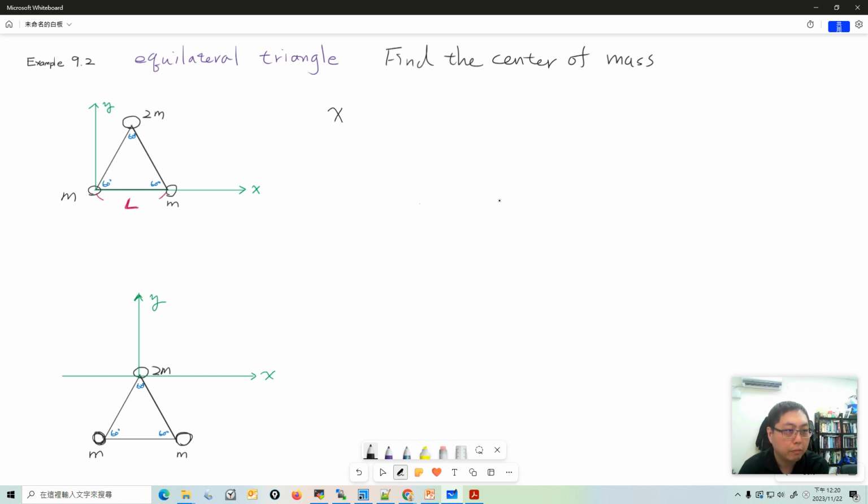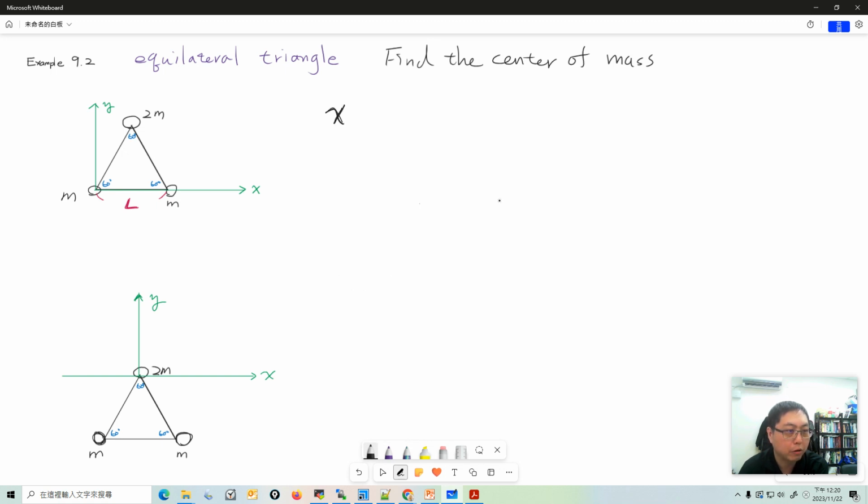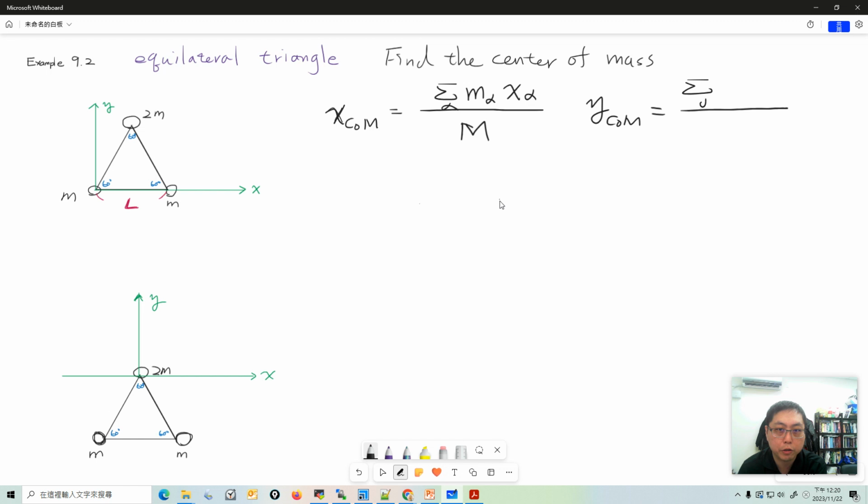XCOM is equal to the summation of m alpha times x alpha, divided by capital M, the total mass of the system. And YCOM is equal to the mass of each particle times its own y coordinate, divided by capital M.